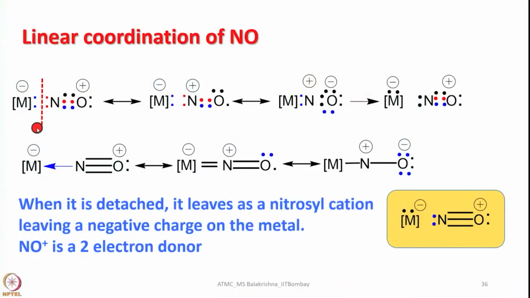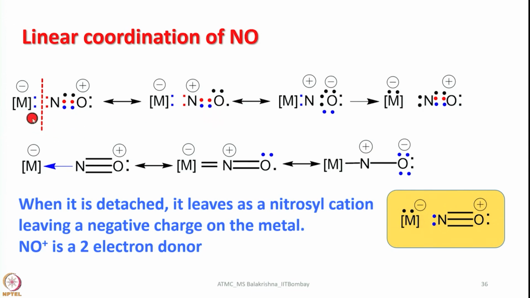Now, let us look into the properties of linearly coordinated NO. One can also see the similarities between the way I have written the movement of electrons from oxygen to metal through nitrogen here, and what would happen with carbon monoxide with minimum back donation and maximum back donation, of course having the sigma bond intact.